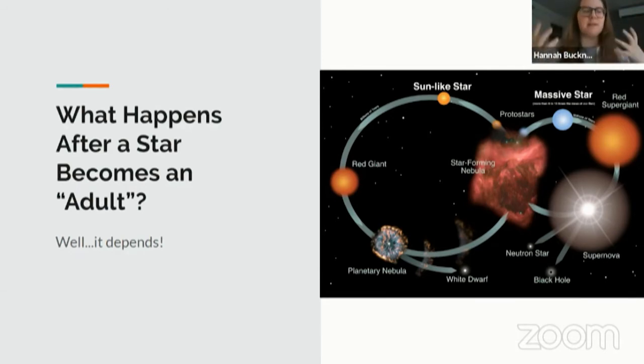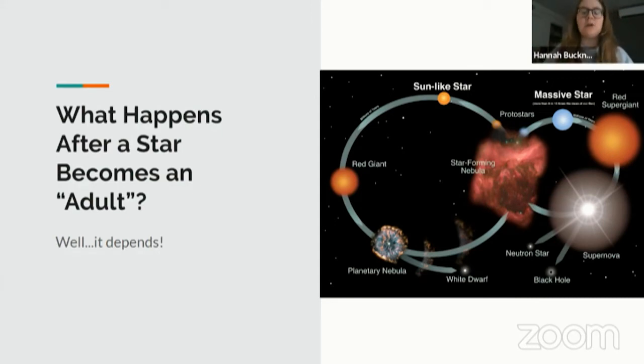The remnants of their gas and dust and other matter can form planetary systems, which is what we have right now with our sun and our solar system, and that forms a protostar, and that star becomes either a sun-like star or a massive star. Depending on that star type, it will dictate what the possible outcome is.